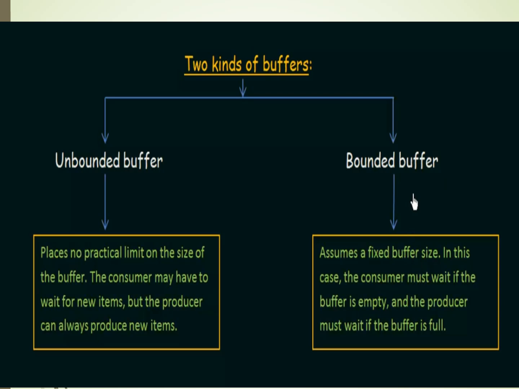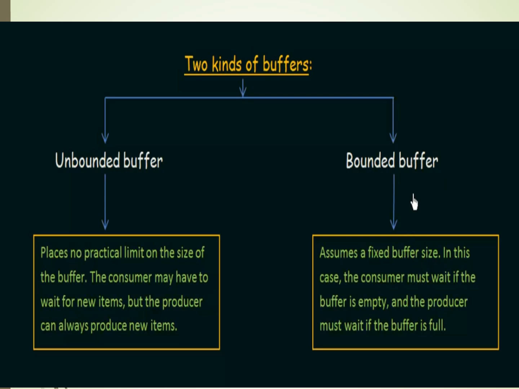When the producer produces something and the buffer is getting full, then the consumer has to wake and the producer has to sleep, so the consumer can consume the item. When there is free space, then the producer can produce the item. Whereas when the buffer is empty, we can make the consumer sleep because there is no item to consume.